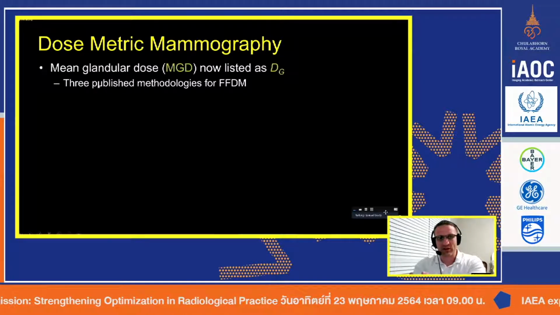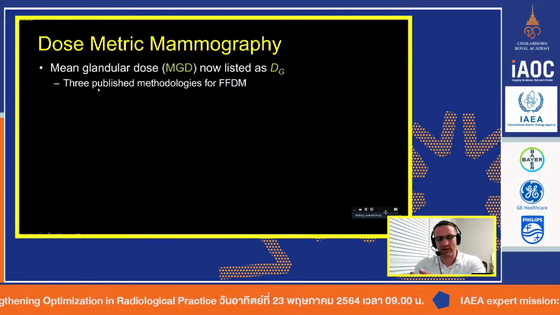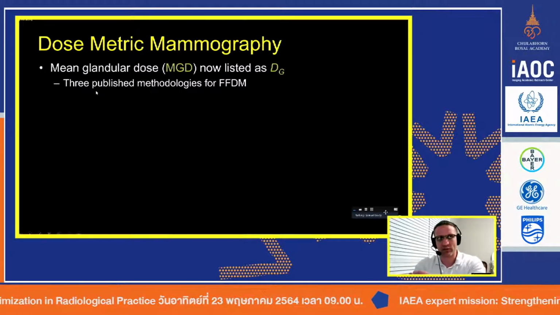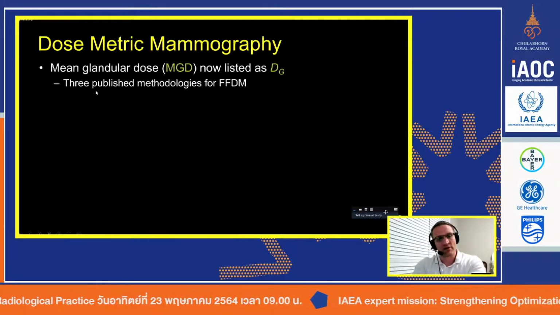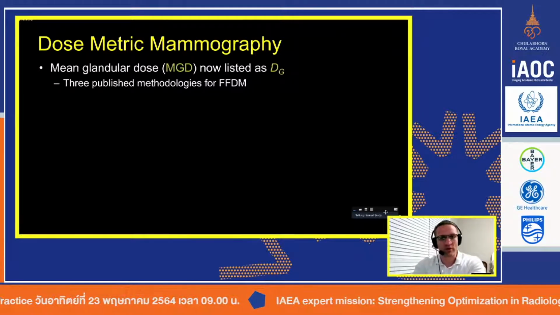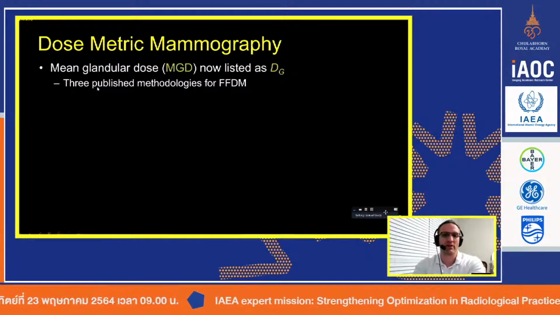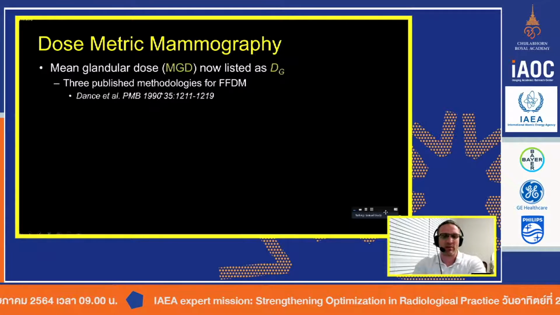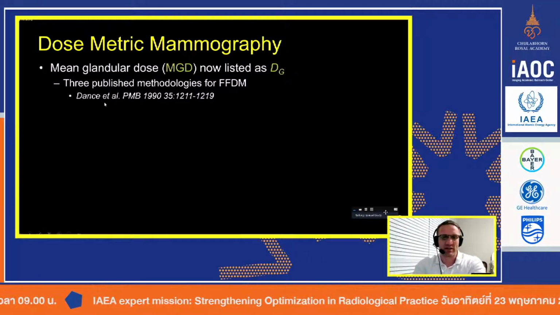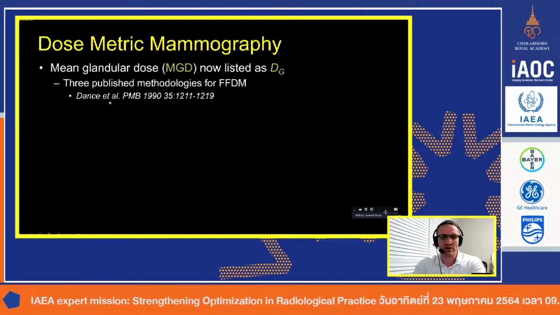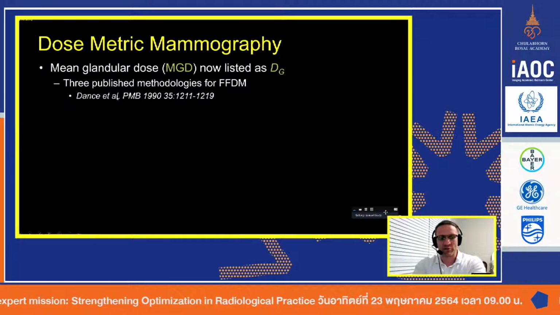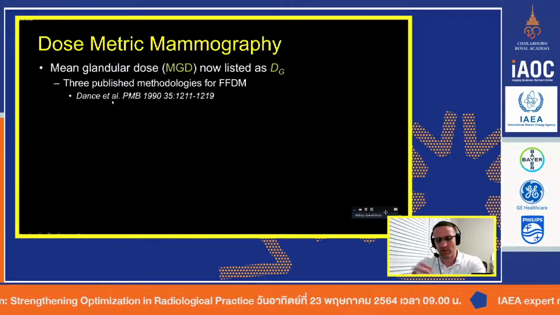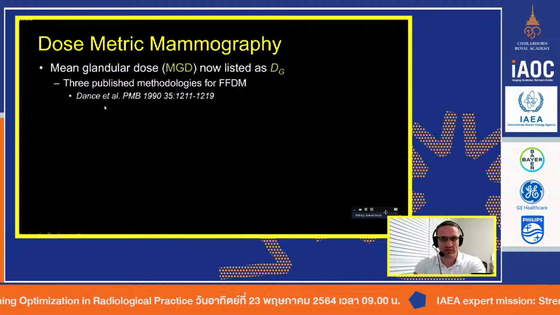This metric has been around for a little over 30 years now. The very first publication came out in 1990 by Dance and his colleagues. That first publication, some 30 years ago, was based on film mammography.